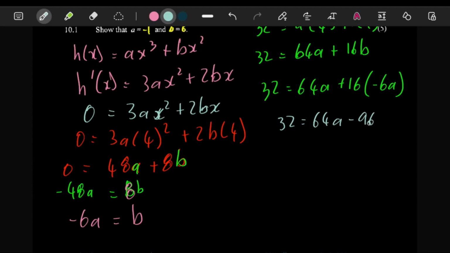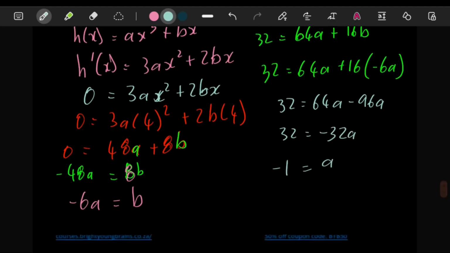So this is 32 equals 64a minus 96a. What is 64 minus 96? Negative 32, actually. Divide by 32 on both sides. A is negative 1.